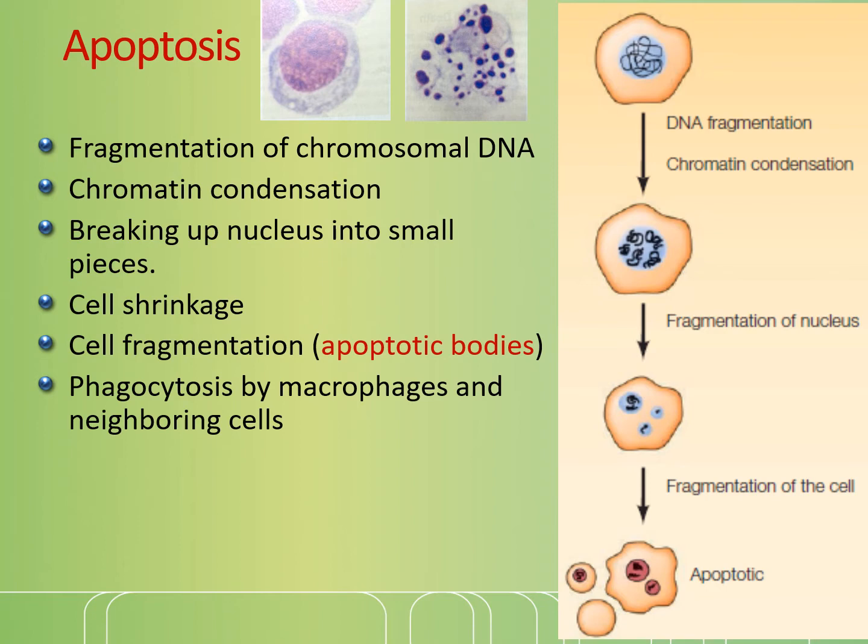Cells then shrink rather than inflate or enlarge like in necrosis, and you have the production of apoptotic bodies. And finally, you have complete cell death, and this is cleared up by phagocytosis carried out by macrophages.